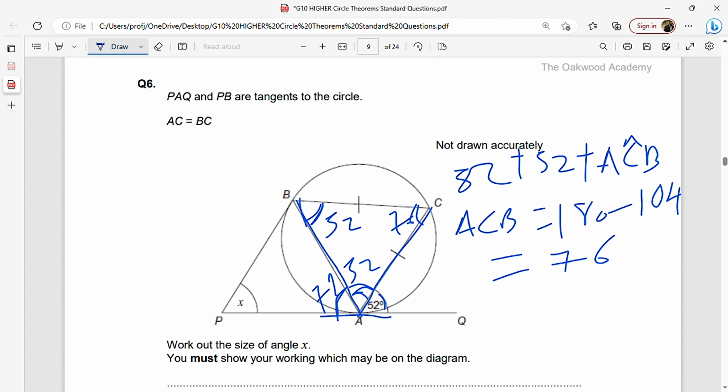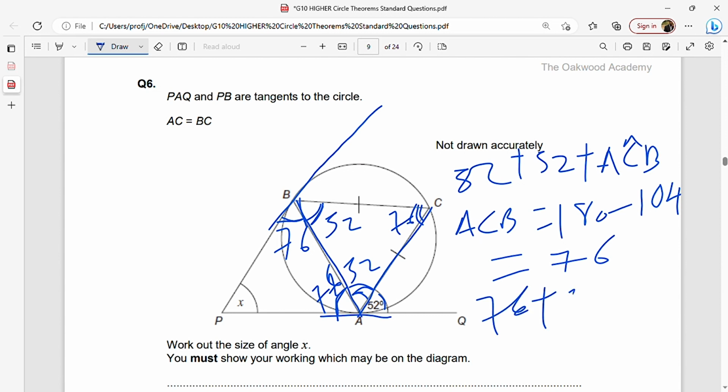So since we have 76 here already, then we can get the value of X, because this is another tangent again, which means that this particular angle will be equal to this angle. That's 76. So here will be 76 as well, right? Sum of angles in a triangle.